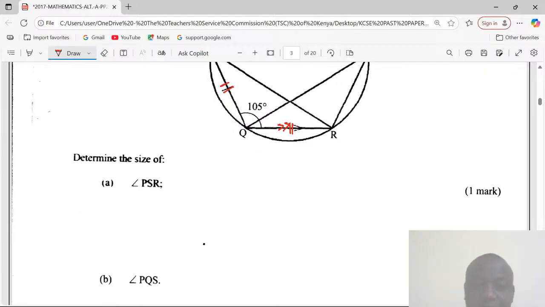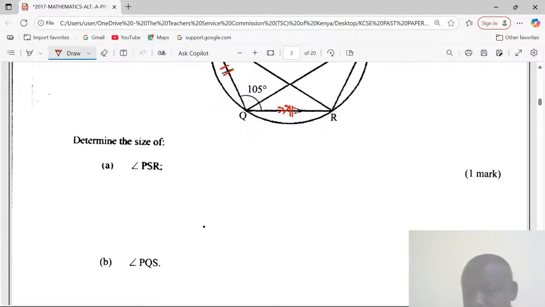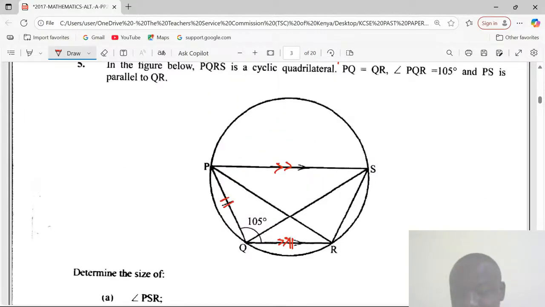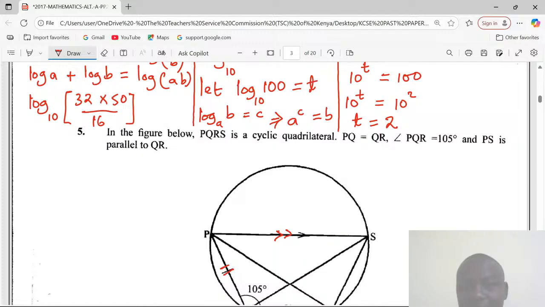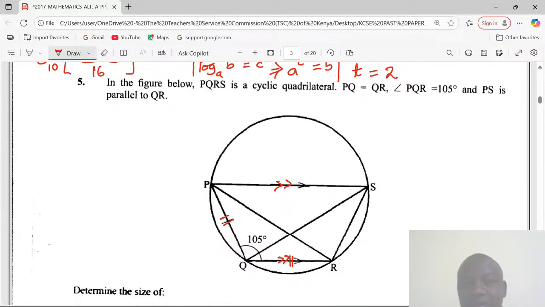Determine the size of the angle PSR and also PQS. So we're going to fill some of these angles. Then now we check the angles that the examiner exactly needs us to fill. Now, from just what you can see here, I want us to fill a few angles.